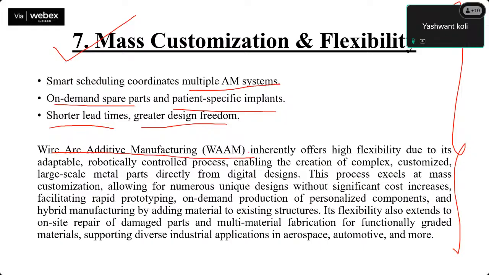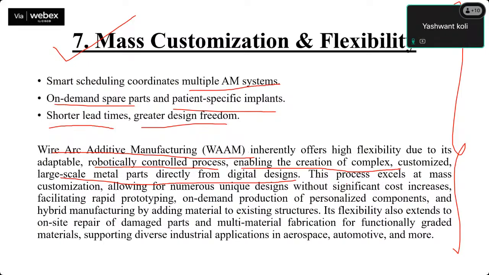VAM inherently offers high flexibility due to its adaptable, robotically controlled process, enabling creation of complex, customized large scale metal parts directly from the digital design.